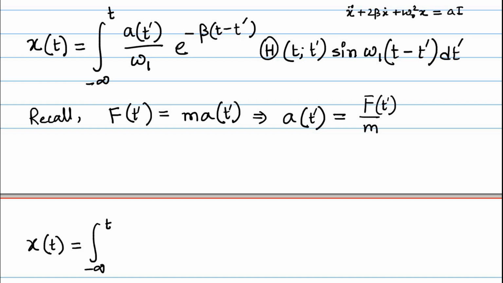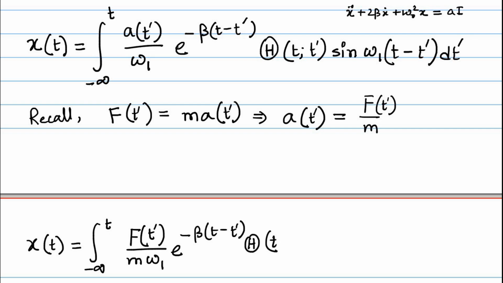So all the history up to this point will contribute to the solution that we see at the present moment. So we have f of t prime divided by m. Well, there was an ω1, and then e to the negative β (t minus t prime), θ, which is a step function, (t, t prime), sine of ω1 (t minus t prime) dt prime.